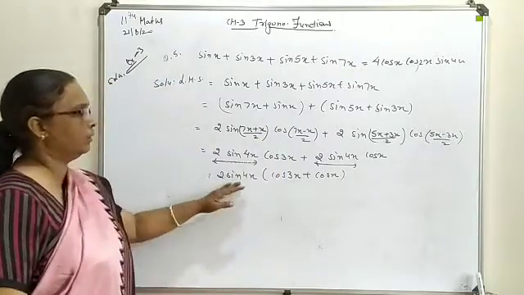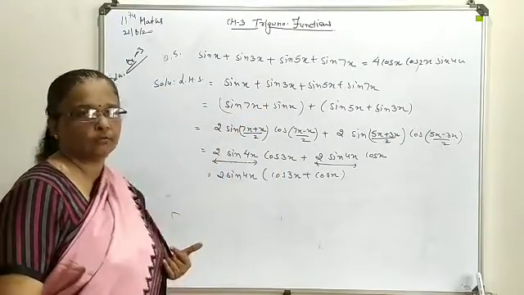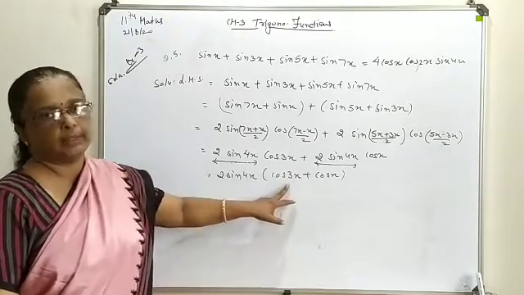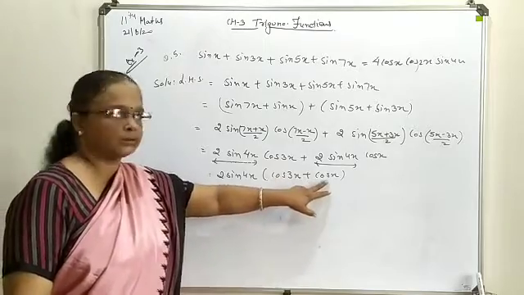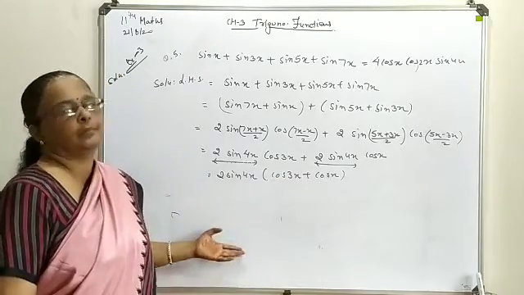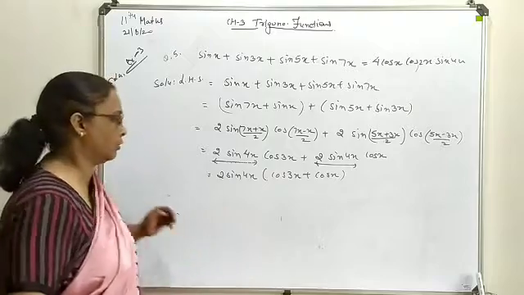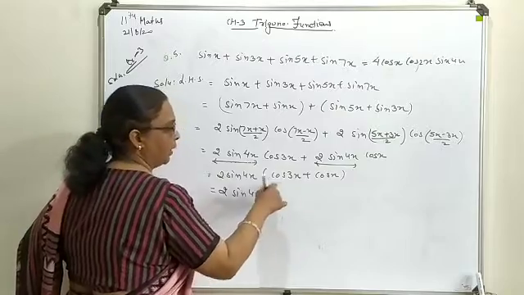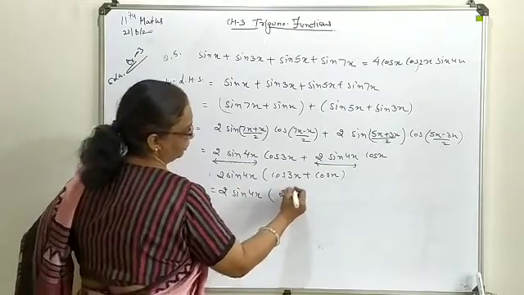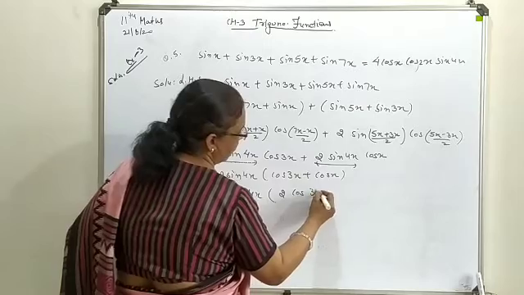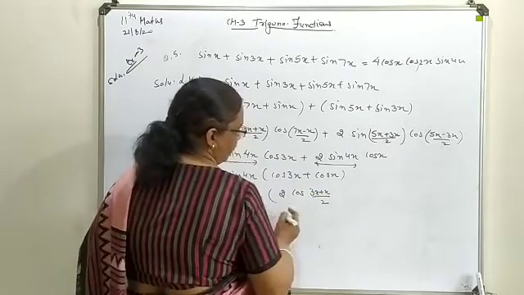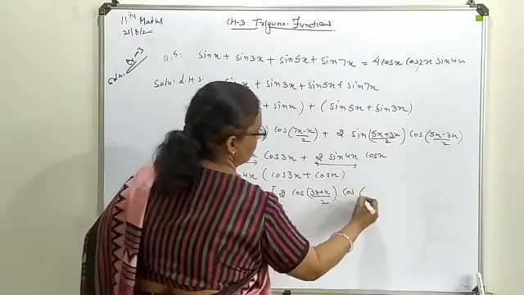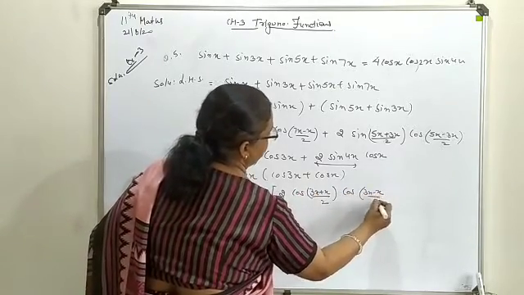Still we are quite far from the solution form. So here in this second bracket, again apply your formula for cos x plus cos y, meaning both terms you will derive in the form of cos. So this will be 2 sin 4x. Implement the formula: 2 cos of (3x plus x) by 2 and cos of (3x minus x) by 2.